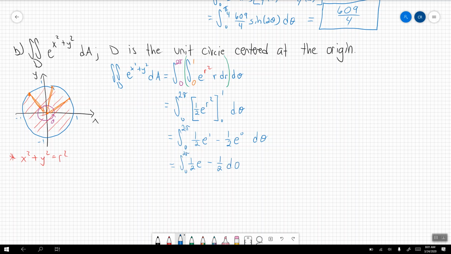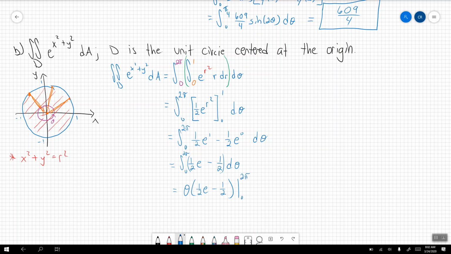And this is d theta. Now I want you to observe here, as we go through this integral, this integrand does not have any variables with respect to theta. Therefore, when we integrate, it's just going to be theta multiplied by the constants that we have here. And that's evaluated from 0 to 2 pi.